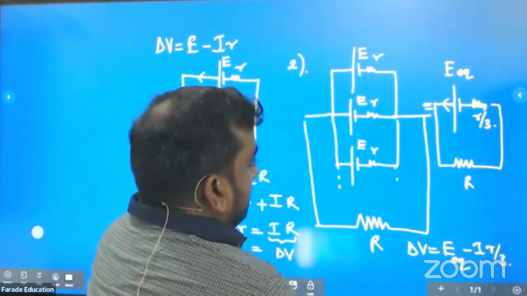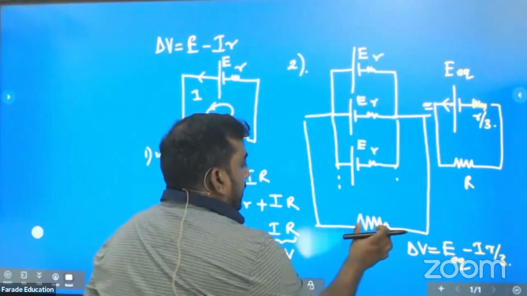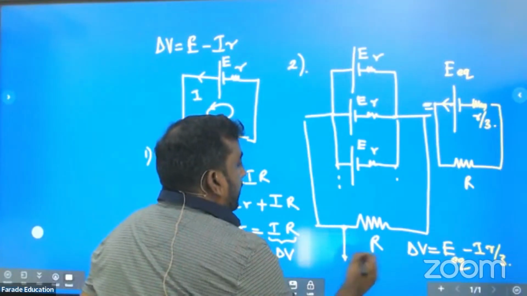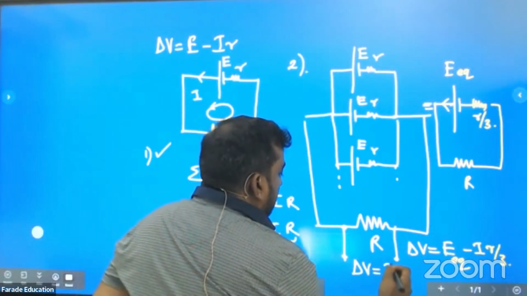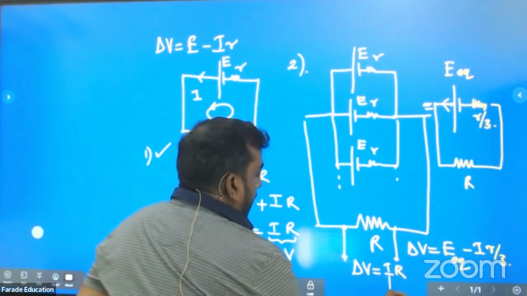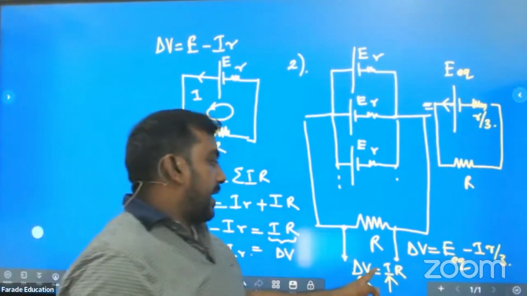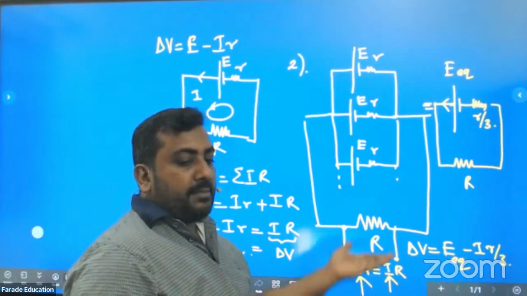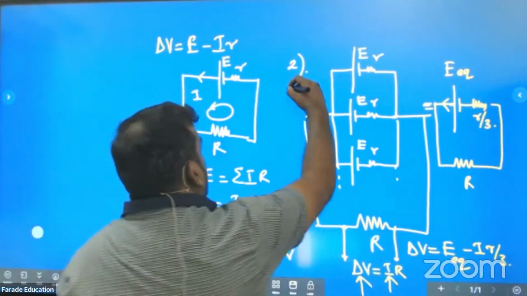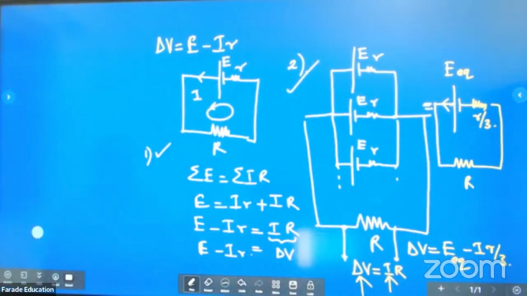When current increases, the voltage across the load resistor will increase. Delta V is IR. Current increases, delta V increases. Current increases, terminal potential difference will increase. Statement 2 also indicates there is an internal resistor.